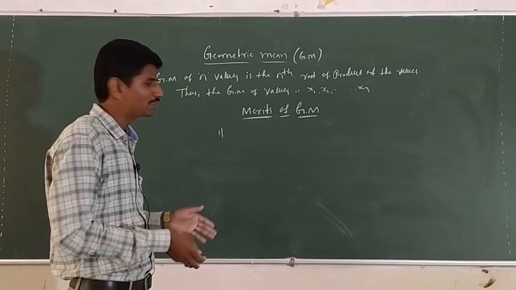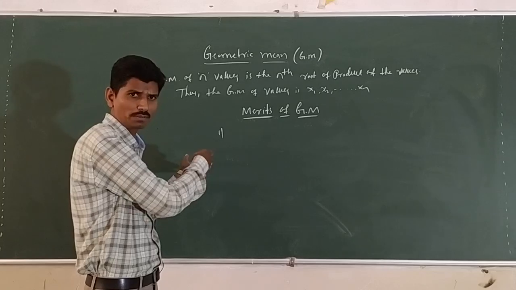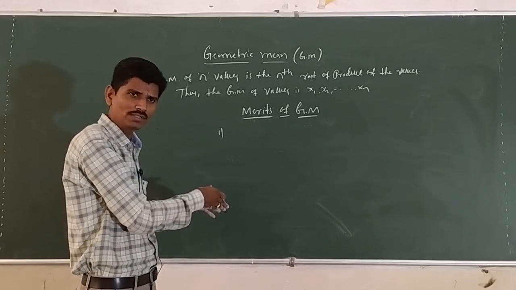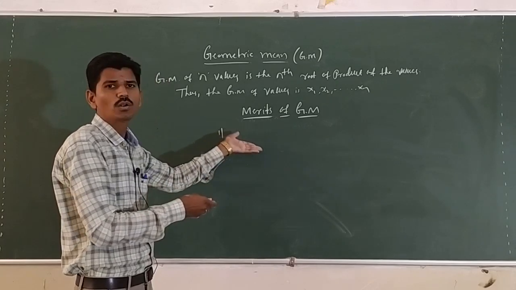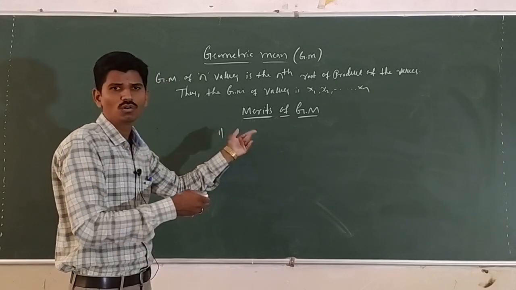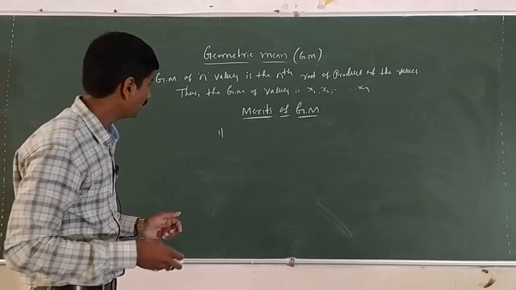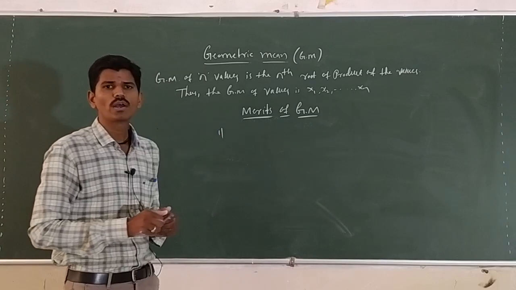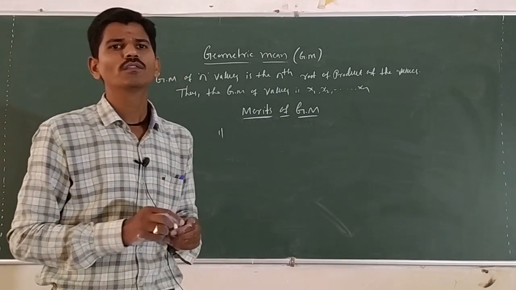It takes all the values means, for example, if x values are 2, 4, 8, we took all the values. Here it is based on all the values. The second merit: it is well defined by a mathematical formula.